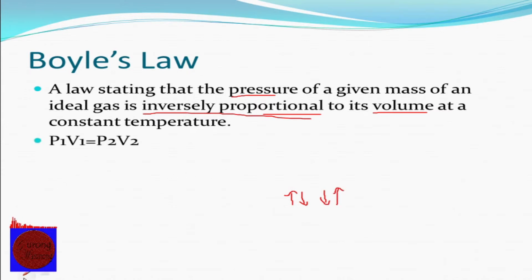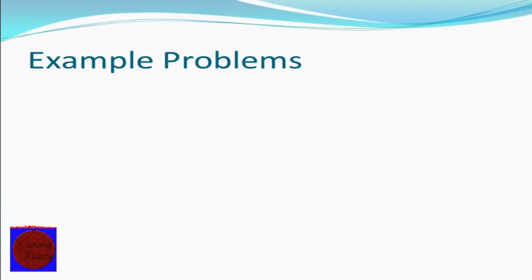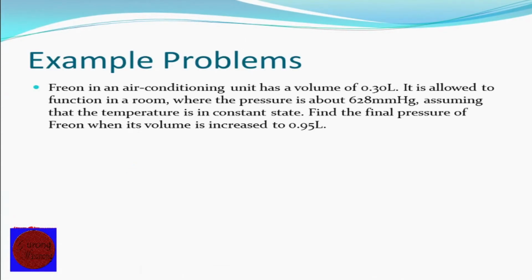So here is the formula we're going to use in solving problems in Boyle's law. So we have P1 or pressure 1 times V1 volume 1 equals P2 pressure 2 times V2 volume 2. Here are some examples of problems. So freon in an air conditioning unit has a volume of 0.30 liters.